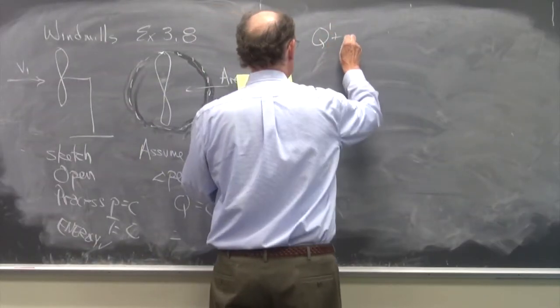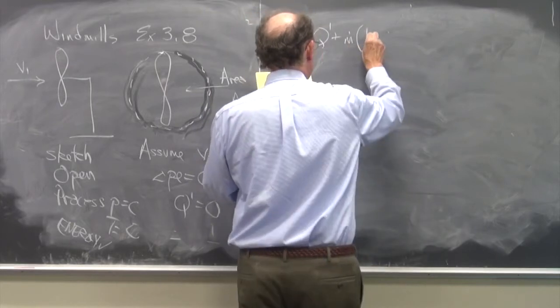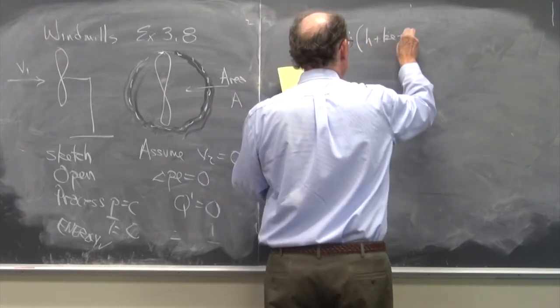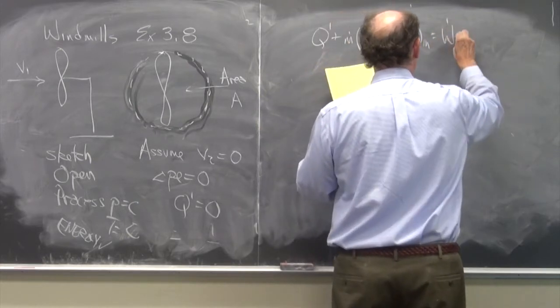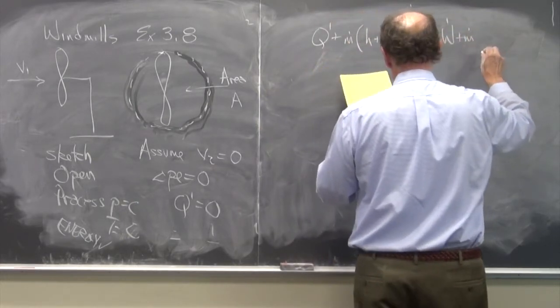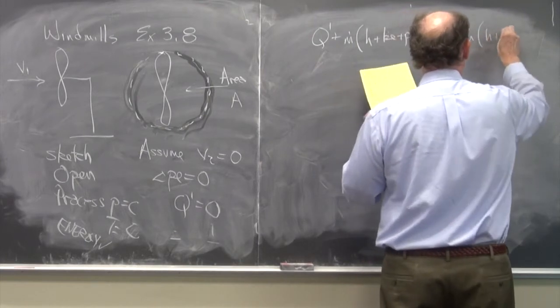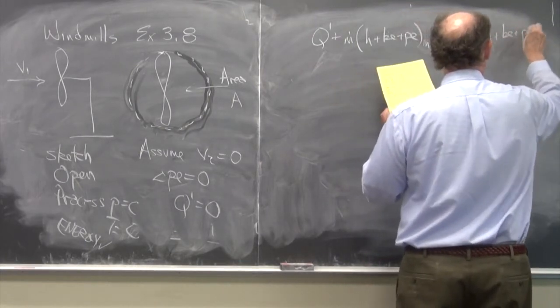Q dot plus m dot times (H plus KE plus PE) in is W dot plus m dot times (H plus KE plus PE) out.